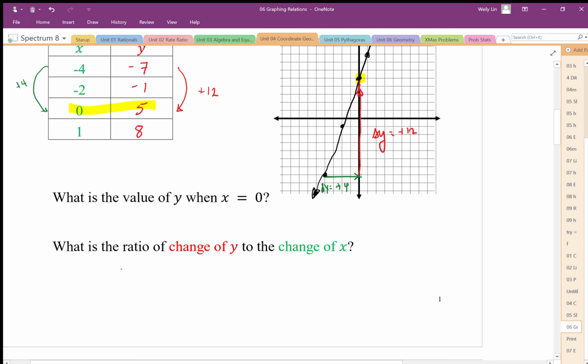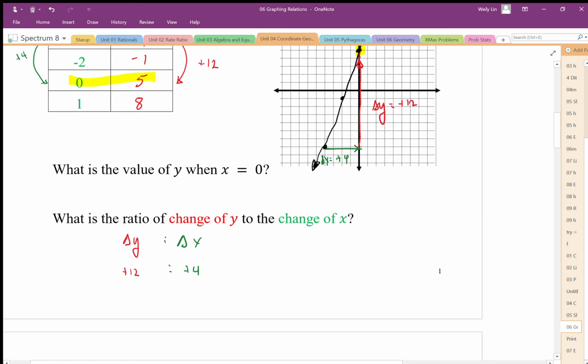The change in y to change in x is equal to 12 to 4. Or we can simplify this as our slope ratio.